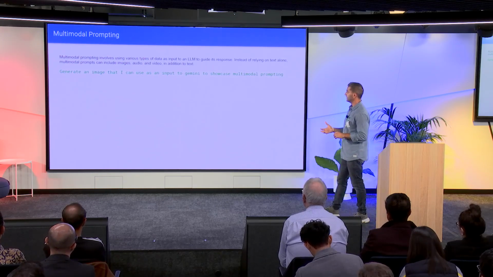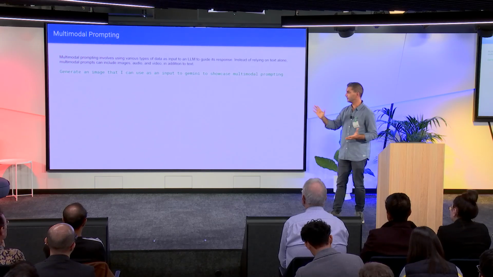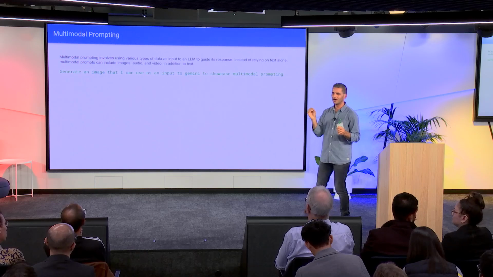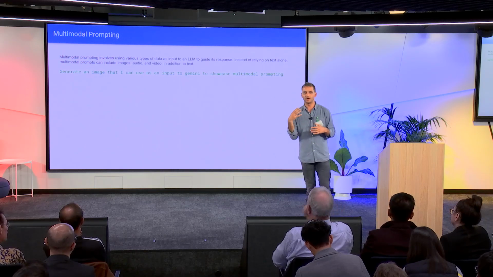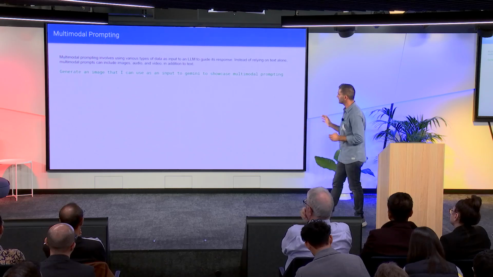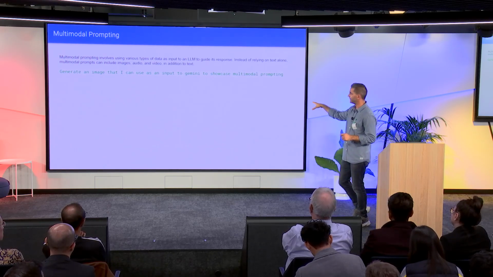Multimodal prompting. Gemini also supports multimodal. Multimodal basically means providing or generating responses in multiple formats. For example, generate an image that I can use as an input to Gemini to showcase multimodal prompting.